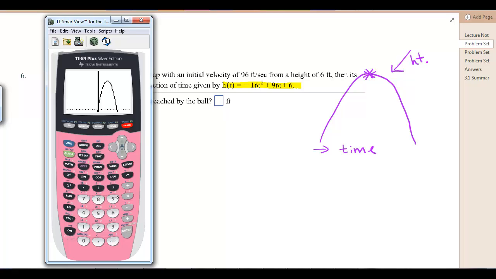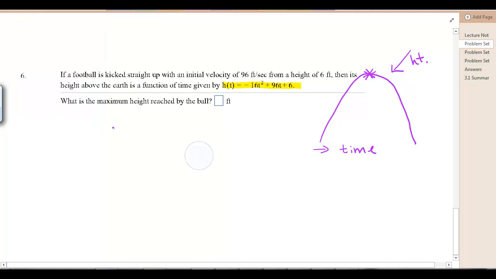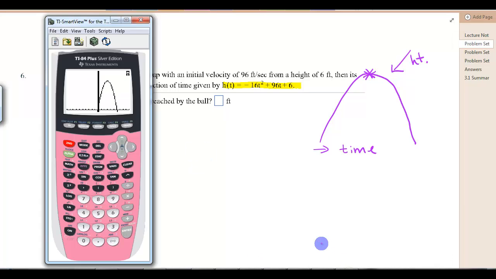Okay, so that works. And this may be one where the vertex formula would be easier, but I'm going to go ahead and finish this. Second calc, max. All right, so I'm going to bring that up a little bit and hit enter, and then go over to the right of that highest point.